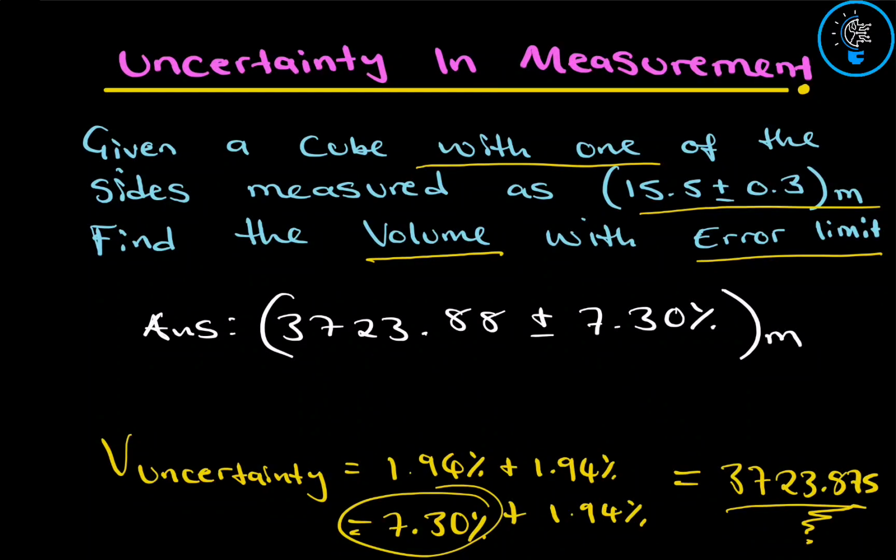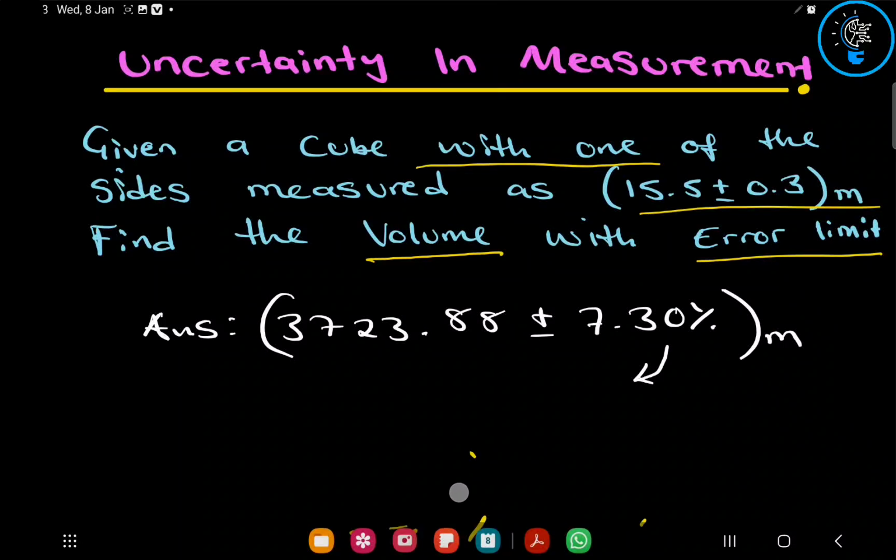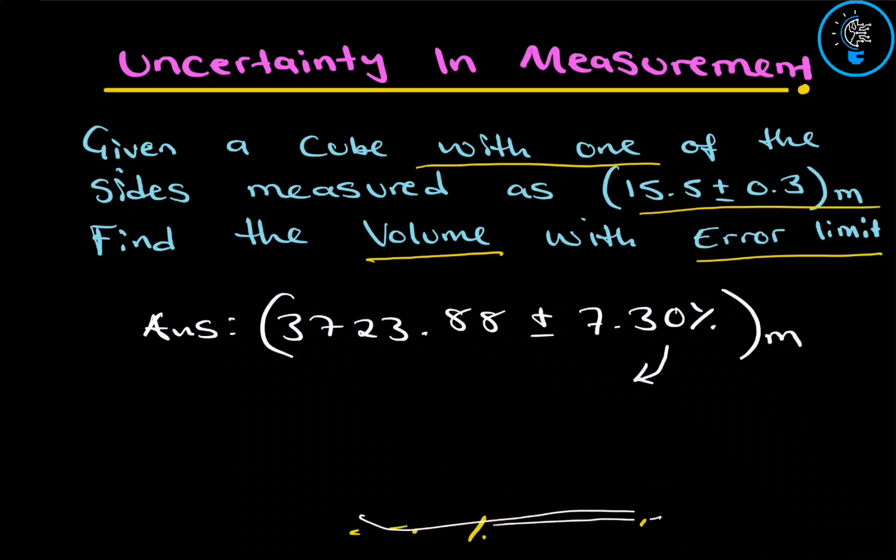Or we can write it with absolute uncertainty. So we need to convert this one into absolute uncertainty. Let's do it, because some lecturers recommend writing it that way. First we need to look at the formula.